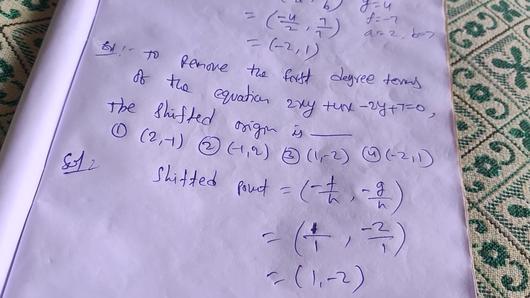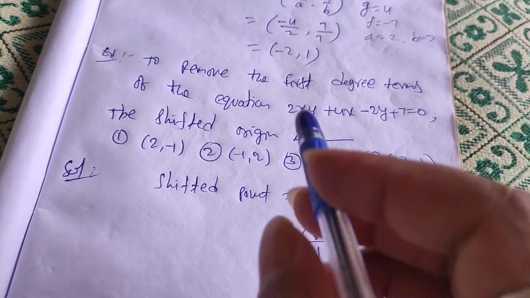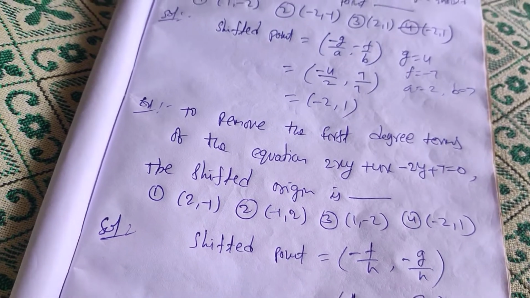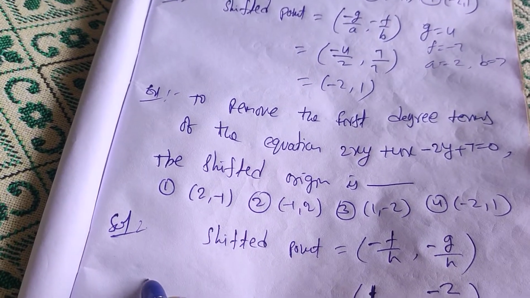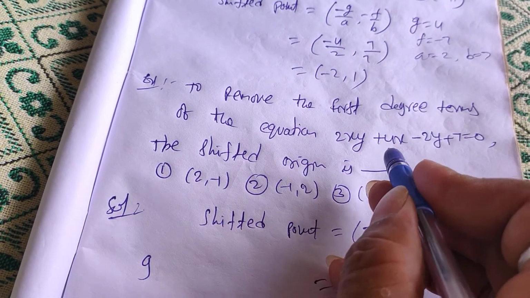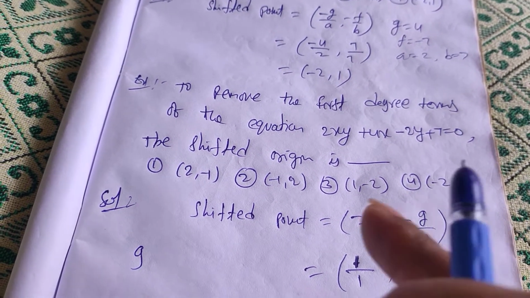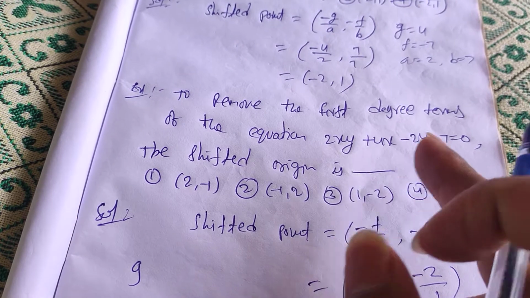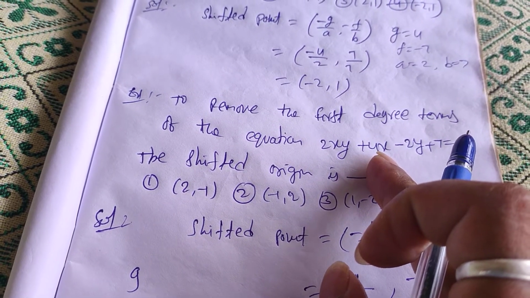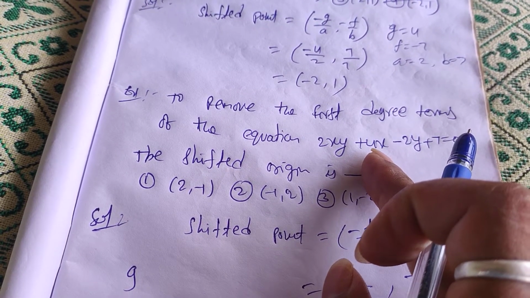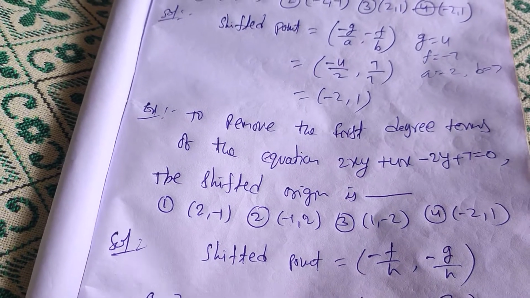Already we discussed. So first we have to find g. Compare this equation with ax square plus 2hxy plus by square plus 2gx plus 2fy plus c. The x coefficient is 4, that means 2g is equal to 4, g is equal to 2.